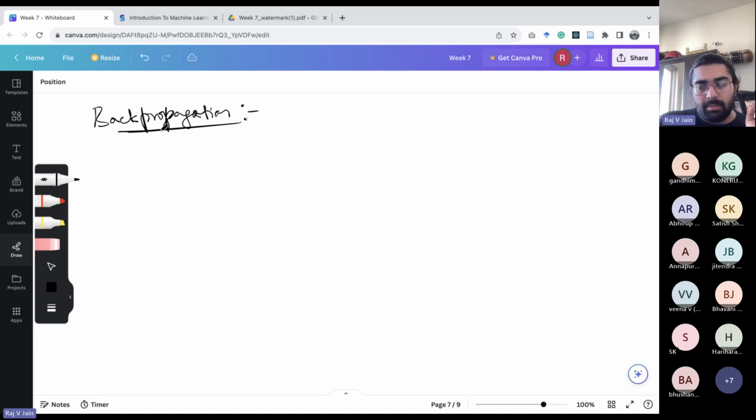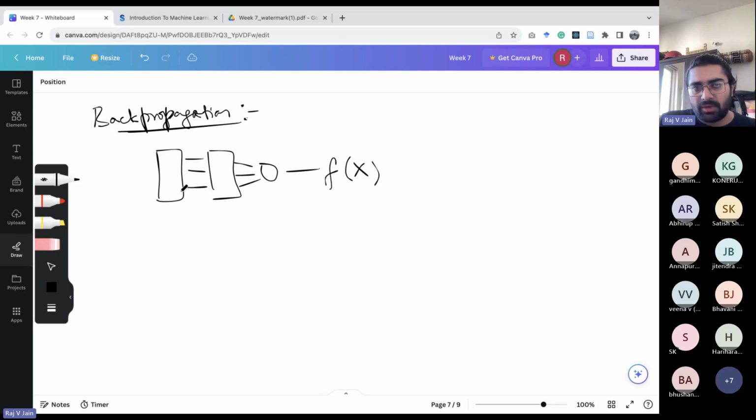See, backpropagation is basically this: let's say you have a neural network, a 2-layer neural network, something like this. Now, when you get an error here, whatever output you got, some f of x, whatever x you pass through this network, you compare with the true value, that is y.